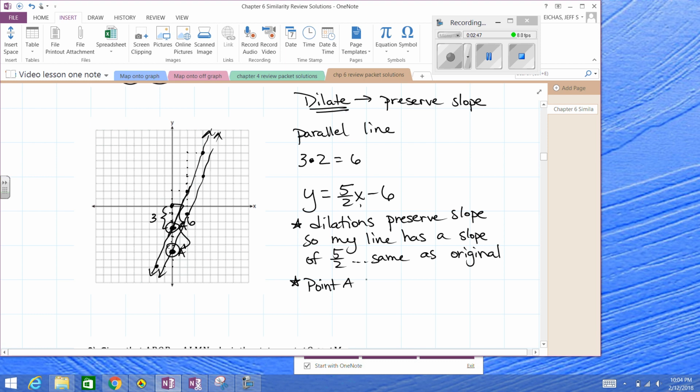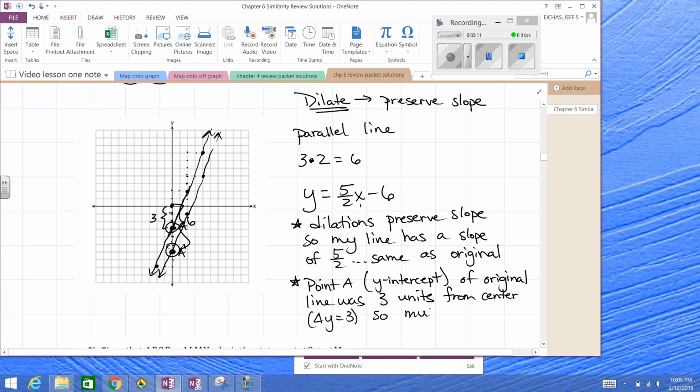Point A, the y-intercept of the original line, was 3 units from the center. I call that the change in y.